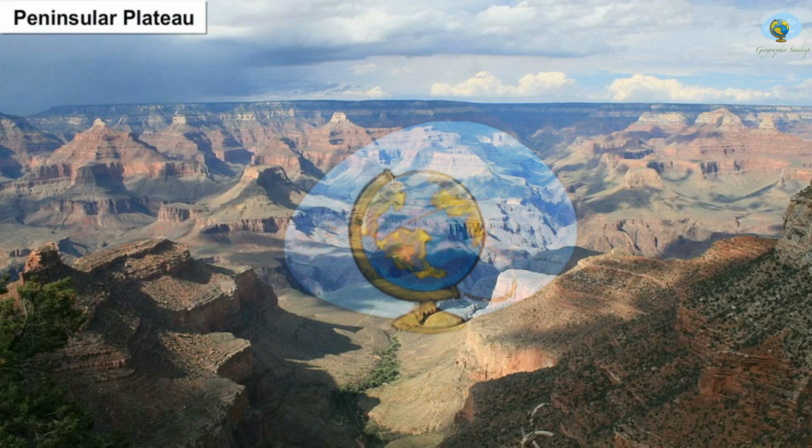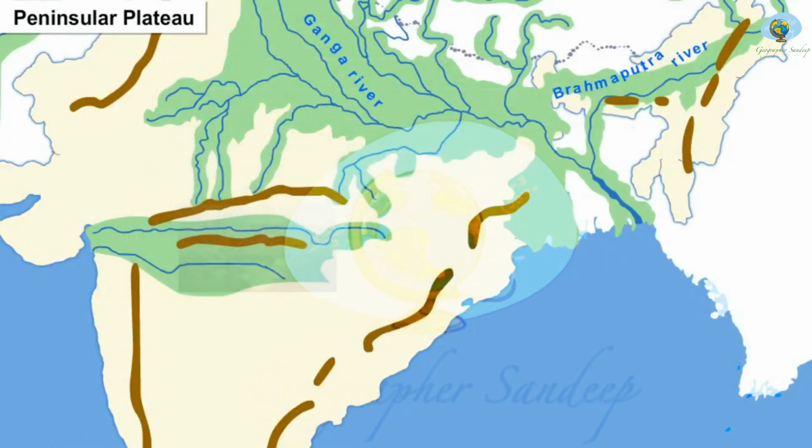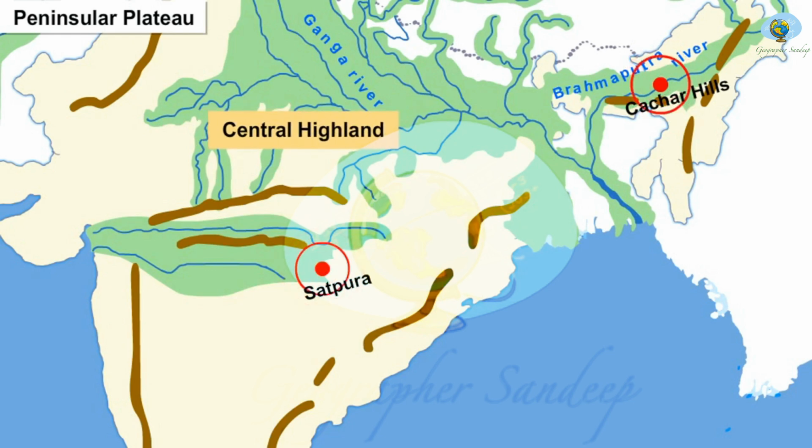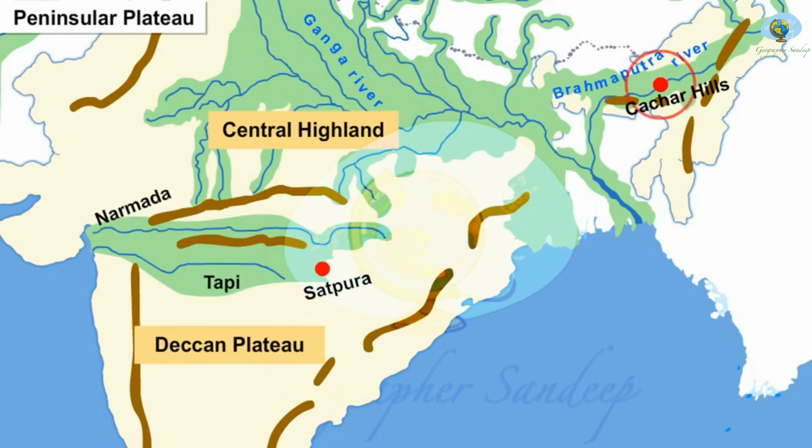Peninsular Plateau. The Peninsular Plateau is made up of metamorphic and igneous rocks. From Satpura Range, it stretches far into the east up to Kachar Hills. It is divided into 2 major regions, the Central Highland and the Deccan Plateau, by rivers Narmada and Tapi.